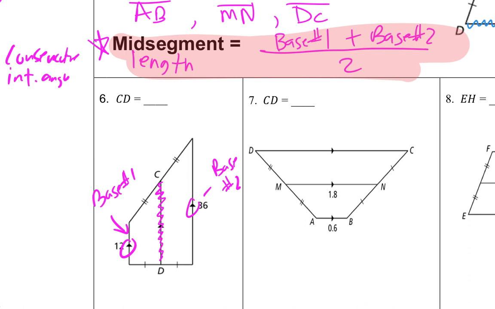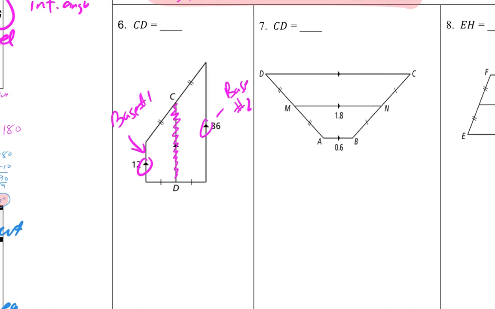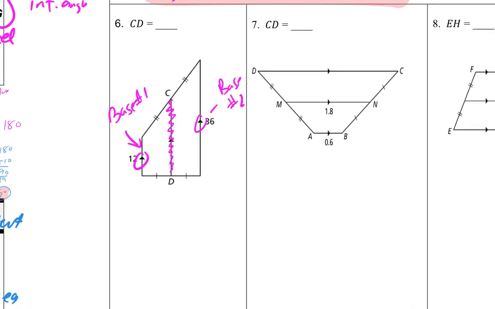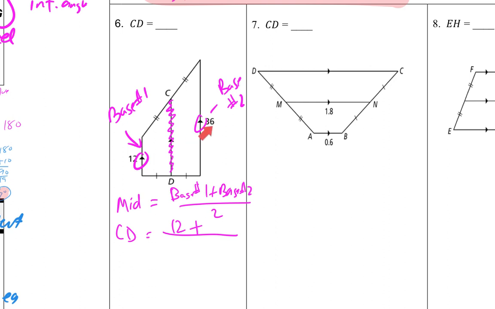If we're trying to find the mid-segment, we would say the mid-segment is equal to base number 1 plus base number 2, divided by 2. So CD equals base number 1, which is 12, plus base number 2, which is 36, divided by 2.